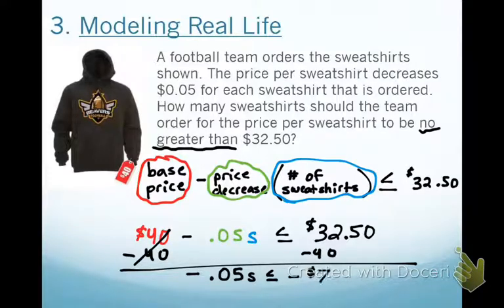Negative $7.50, because you take the sign of the larger number. Now I've got to get rid of that multiply by negative 0.05. What do I need to do? Divide by negative 0.05 on both sides.